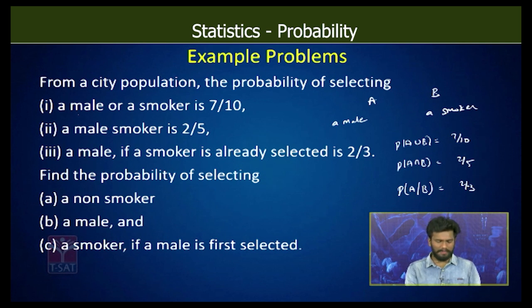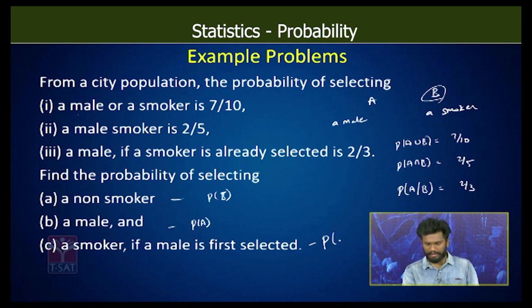Now find the probability of selecting a non-smoker. That means we have to find probability of B complement. Smoker is event B, so non-smoker is B complement. Also a male, that means probability of A we have to find, and also a smoker if a male is selected first, that is probability of selecting a smoker given that he is already a male. So these three terms we have to find out.